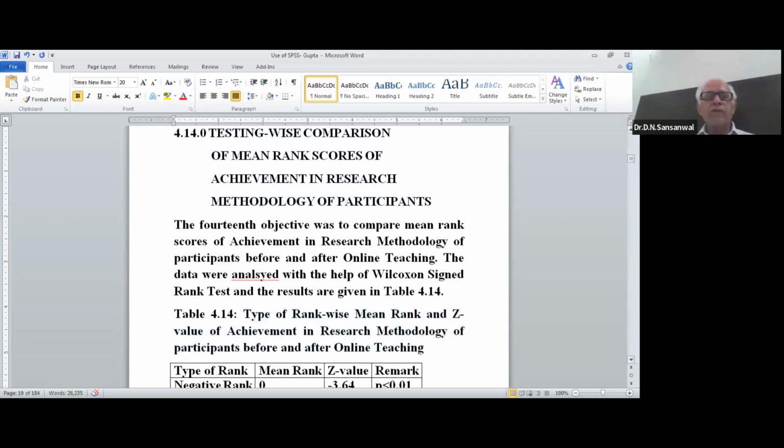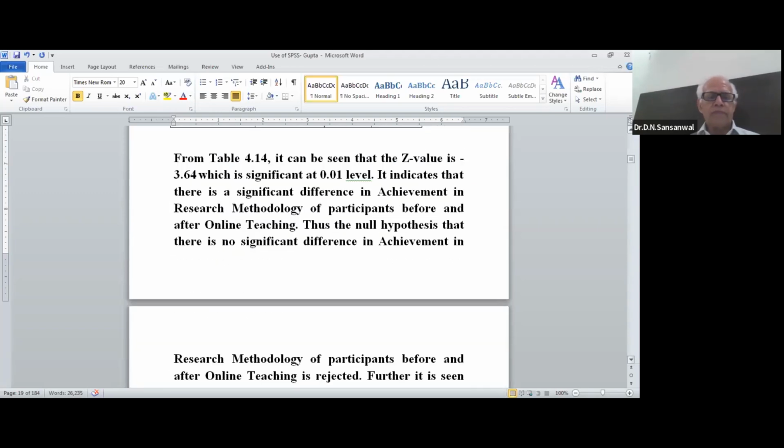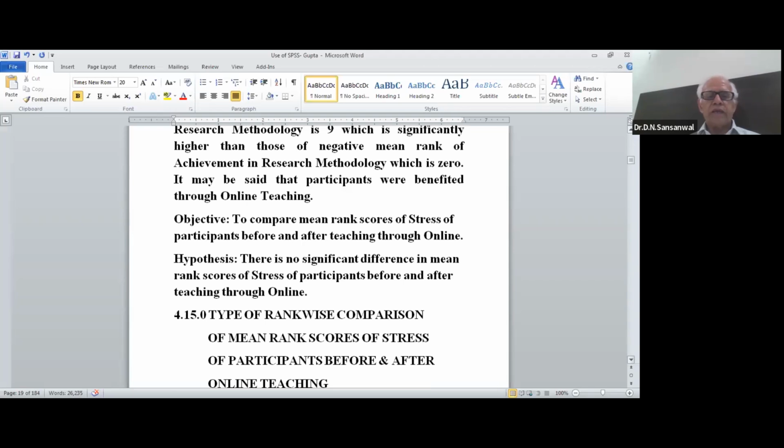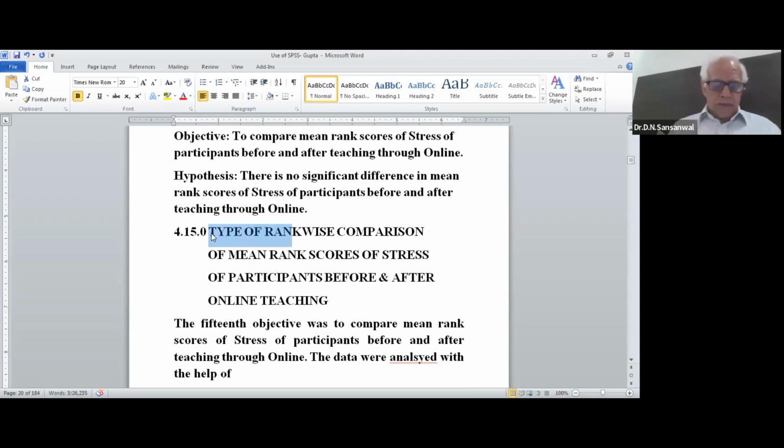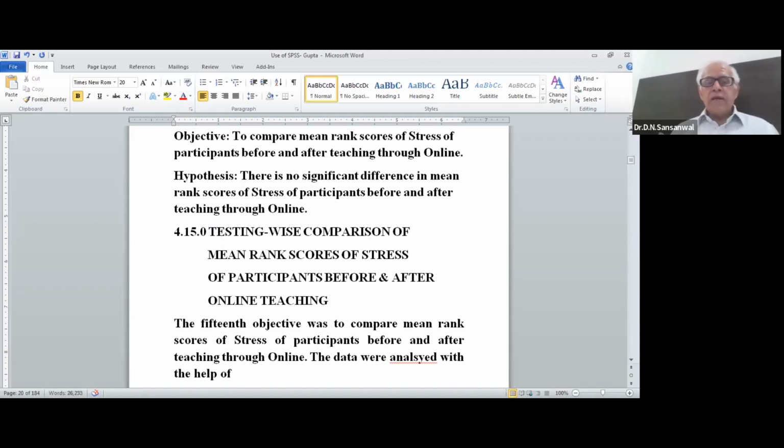So here also you have to write the heading by testing wise: testing wise comparison of mean rank score of stress of participants before and after online teaching.